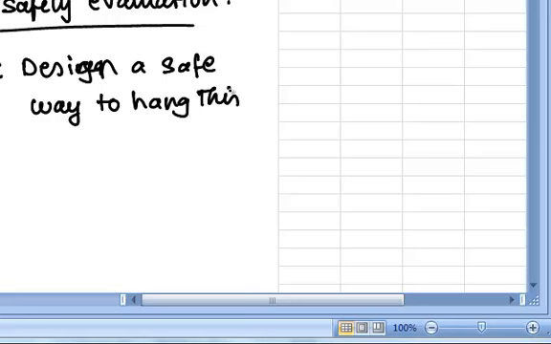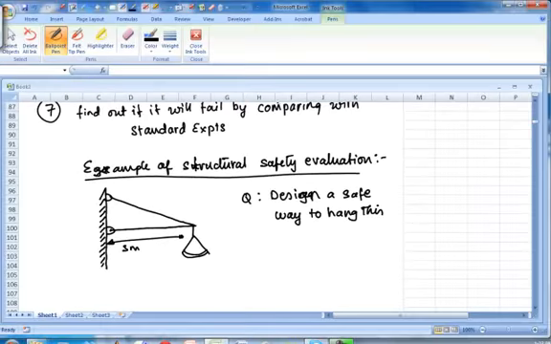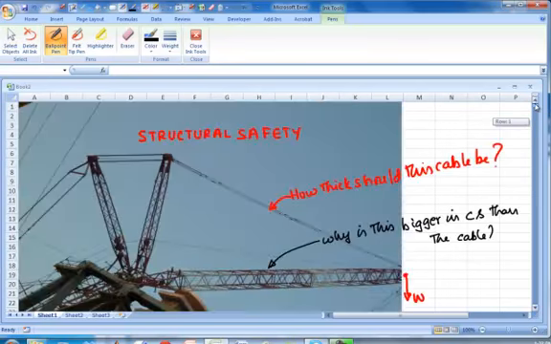So I'm going to look at it and say, okay, a searchlight is a fairly big thing. It might crash and things like that. So I'm going to put a beam here from which this light hangs, and I'm going to put a support. If you compare it with our crane, remember this crane?